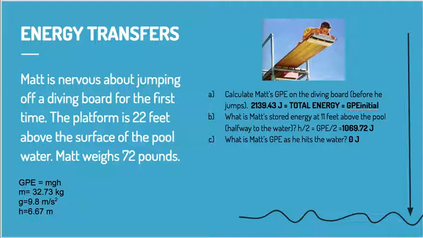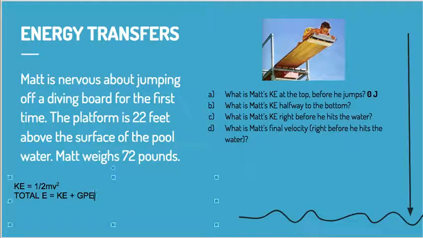So the initial GPE was this value. Copy and paste this over. Okay, equals, we're trying to solve for the kinetic energy halfway down. I'm just going to add a subscript halfway.